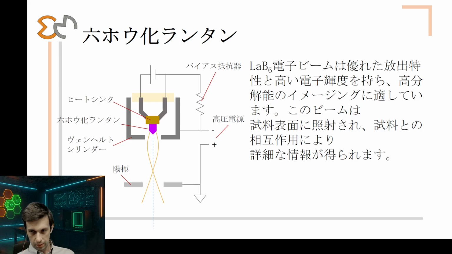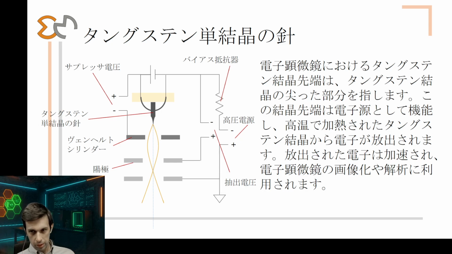This type of crystal is quite recent when compared to tungsten filaments. It has excellent emission characteristics. It's very bright, so it makes very good high-resolution images, better than the tungsten filament. But of course, this kind of source is more expensive.